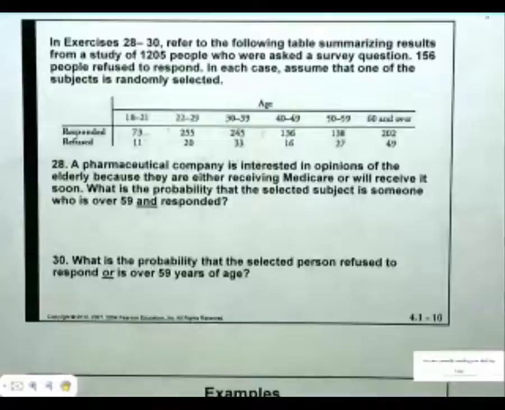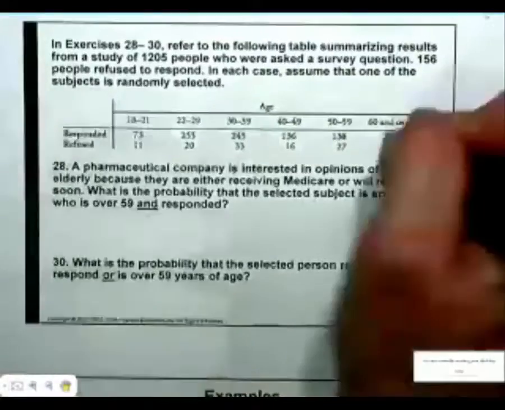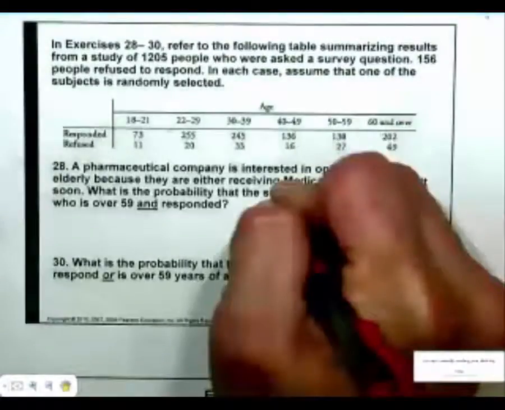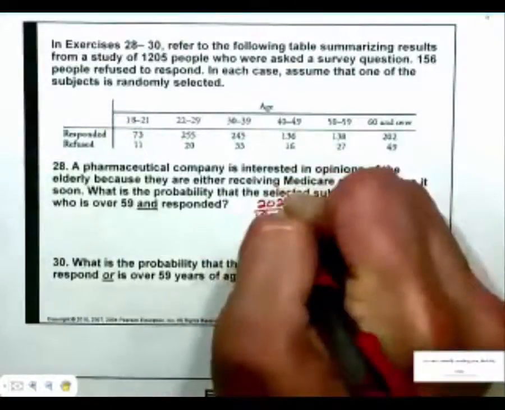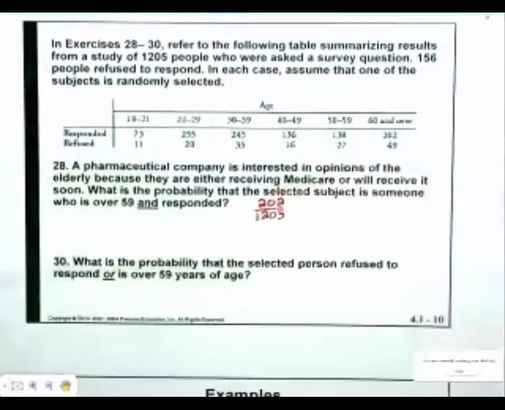That's this whole row. So how many are in both this column and that row? Just the 202. This 202 out of 1205 would be the probability that we're looking for.